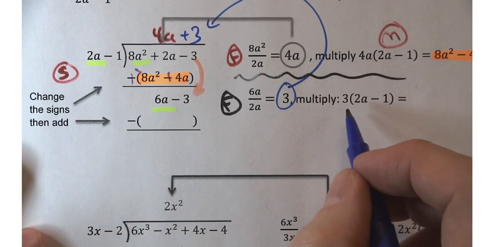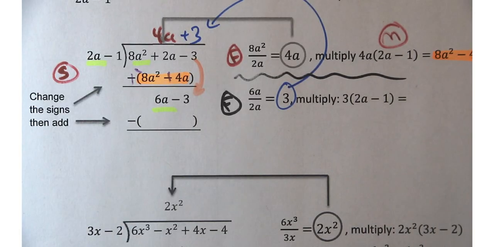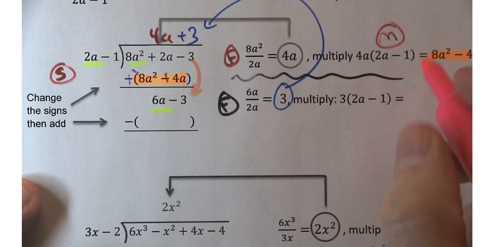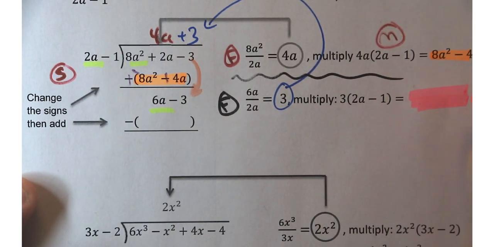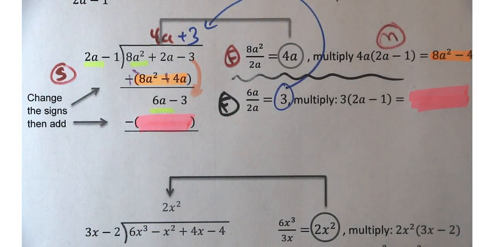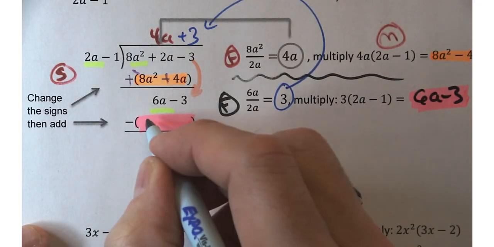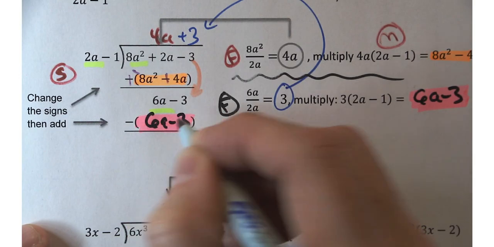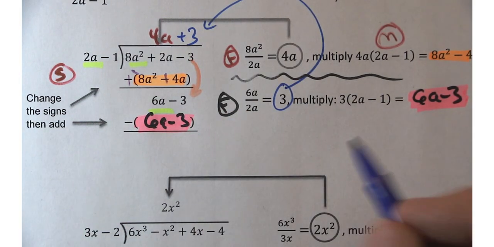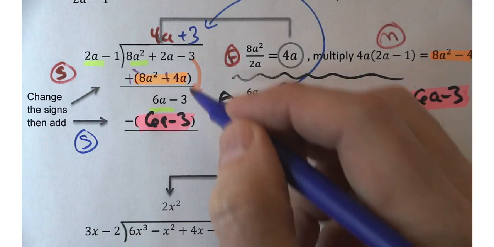If you take the 3 times 2a minus 1, what would I get? What's that going to give me there? Yeah, 6a minus 3. Thanks, Gabby. So let's take that 6a minus 3 and put it in there. So 6a minus 3, and then 6a minus 3. So father, mother, sister would be the subtract step.